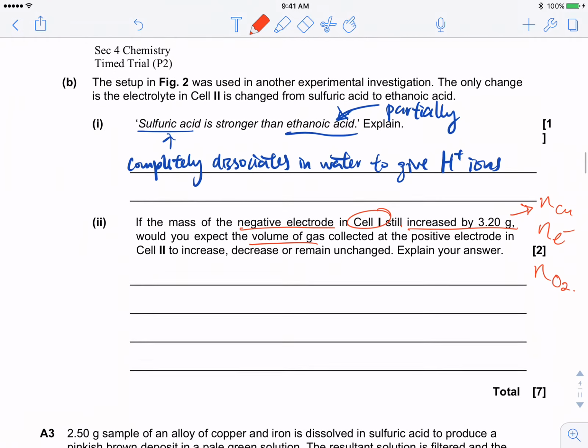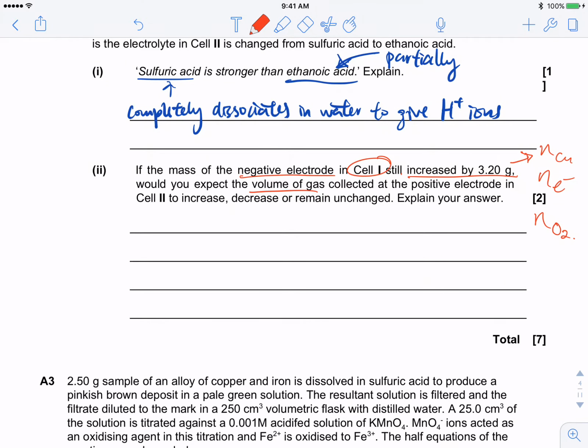So there's a few things you need to mention. You need to mention that the number of moles of electrons transferred is the same. You need to mention that of the two anions, hydroxide is preferentially oxidized. One, Cu same.